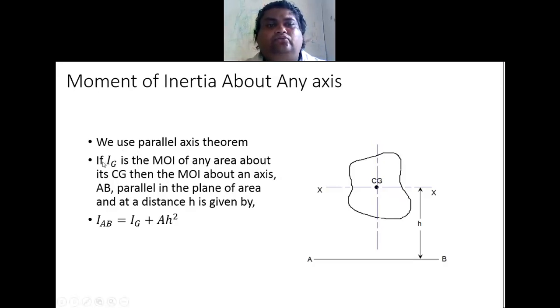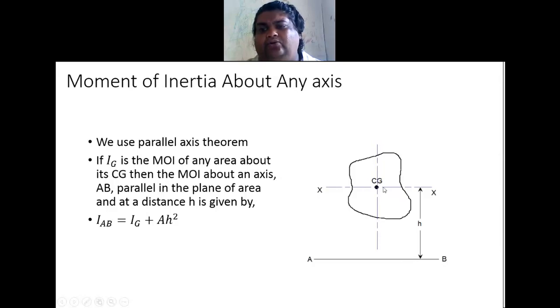If IG is the moment of inertia of any area about its center of gravity, this is the center of gravity of this particular area, then the moment of inertia about an axis AB, this is the arbitrary axis I have taken, which is parallel and in the plane of the area.